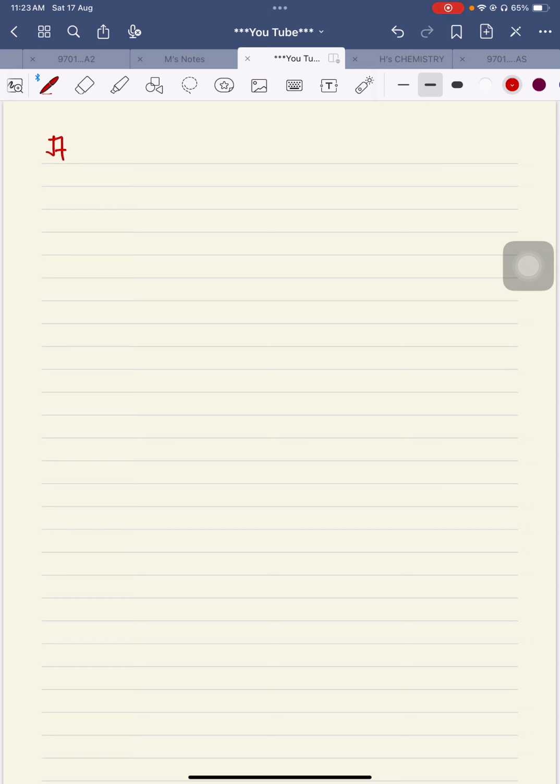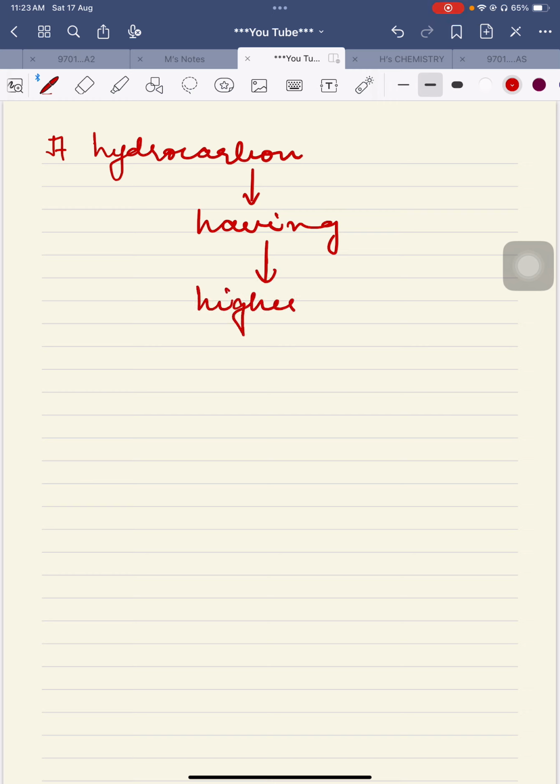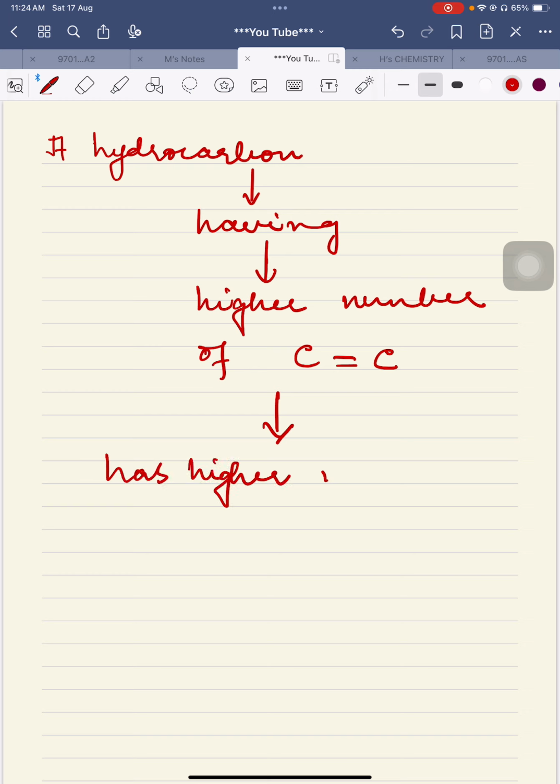A hydrocarbon having a higher number of carbon-carbon double covalent bonds has a higher degree of unsaturation.